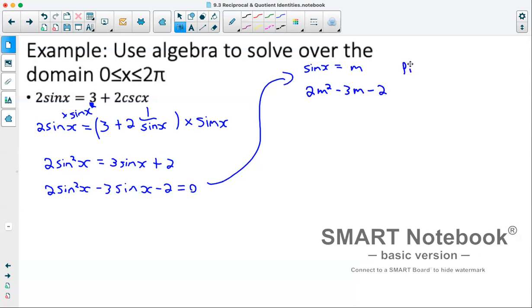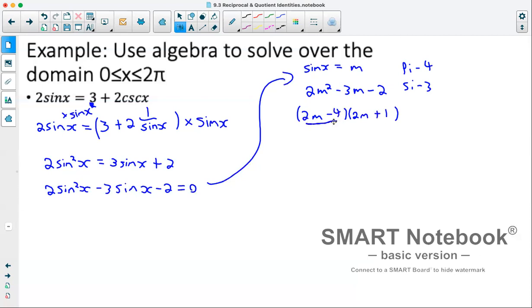We want to product sum factor that. So we have a product of 2 times -2, so -4 with a sum of -3. We'll start each of our brackets with 2m. And then two things that multiply to -4, add to -3, it'd be -4, +1.